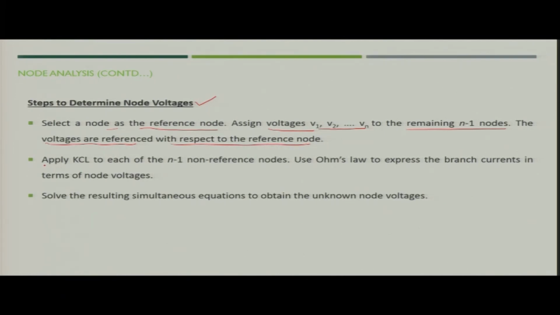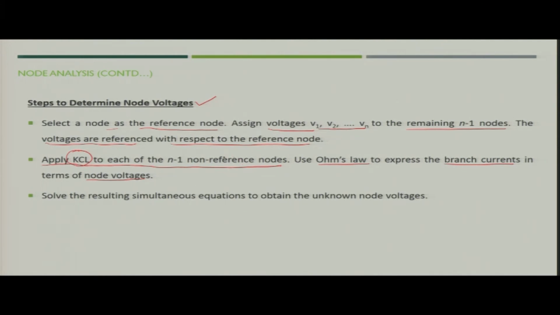Now, you have to take the n minus 1 non reference nodes, that is the nodes other than the reference node, and apply Kirchhoff current law and use Ohm's law to express the branch currents in terms of node voltages.